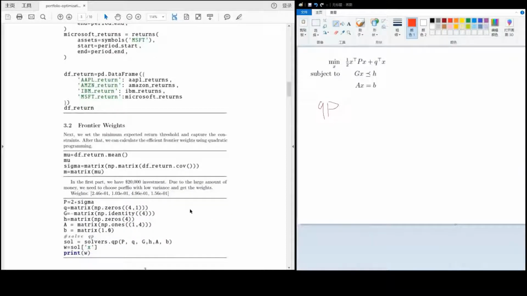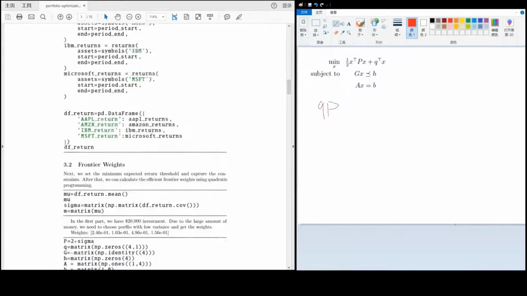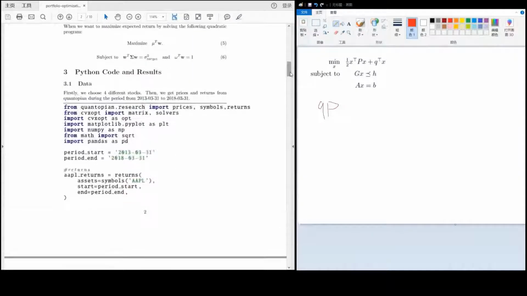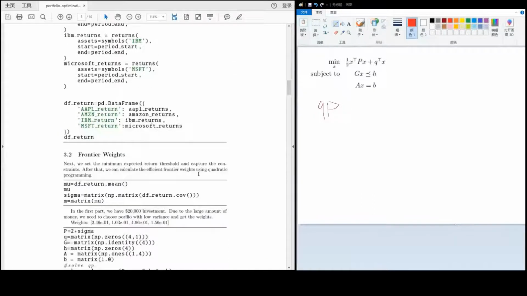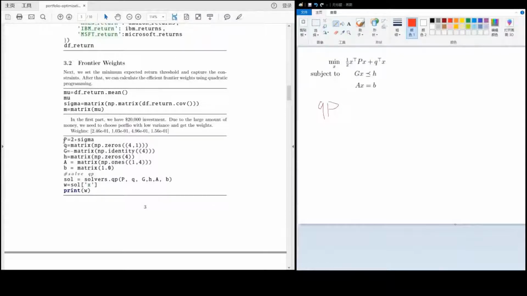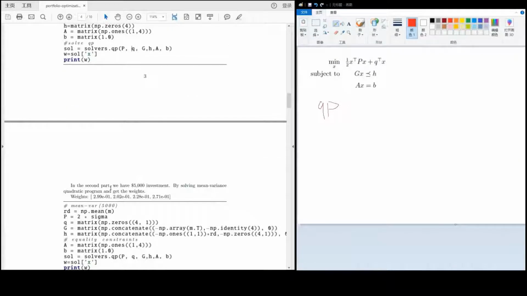So we need to choose a portfolio with low variation, and now we need to get the weights. In order to get the weights, we can use the QP function from this package. And the conditions are here, so that we can get the weights here.